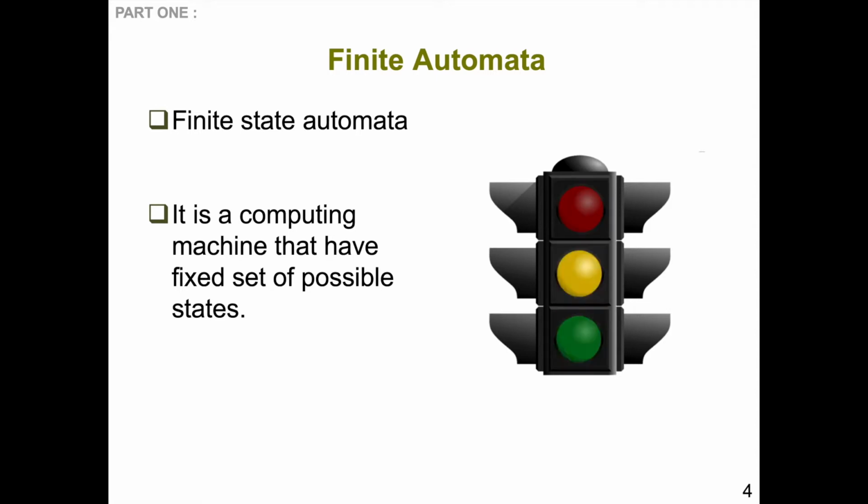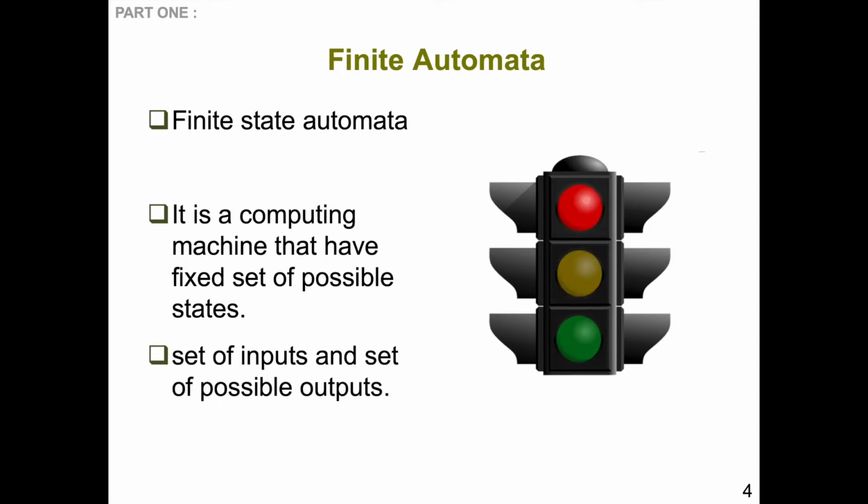Now, if you notice, those conditions change based on a rule or a set of inputs. So in order to go to the new state, in order to change the color from red to green, I need to have an input to the current state. And as simple as it is, this is the finite automata.